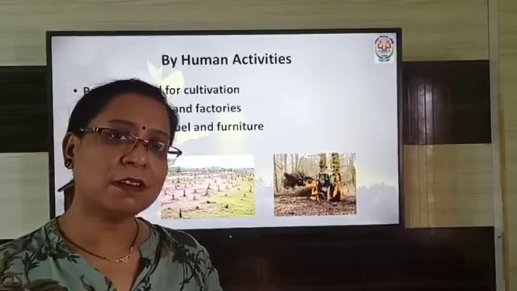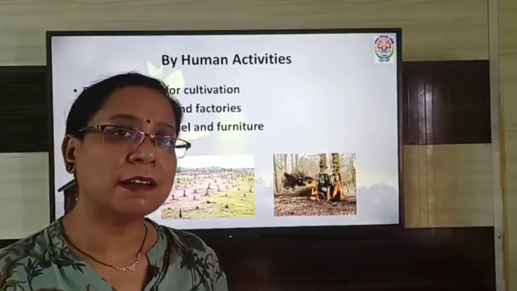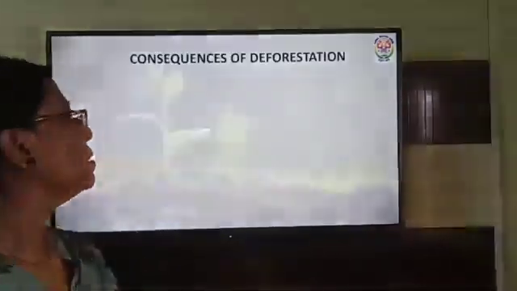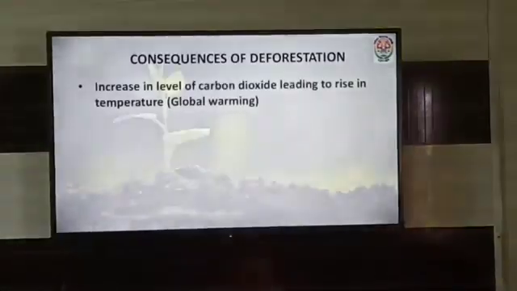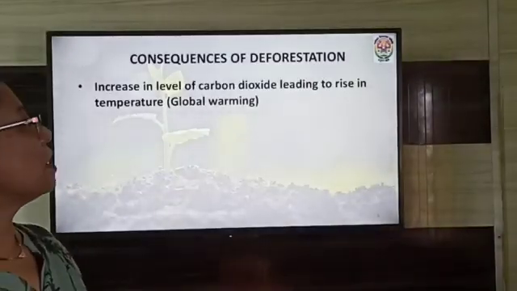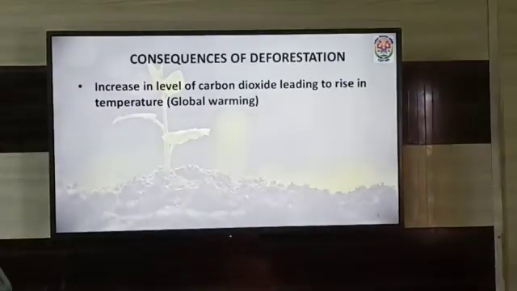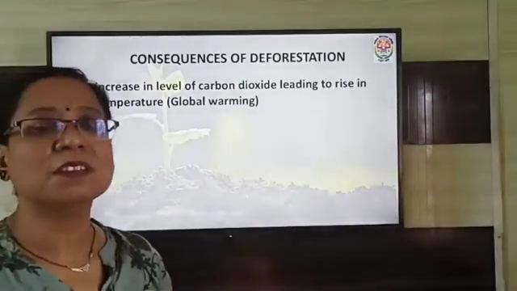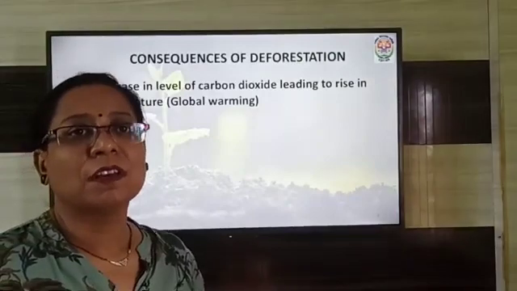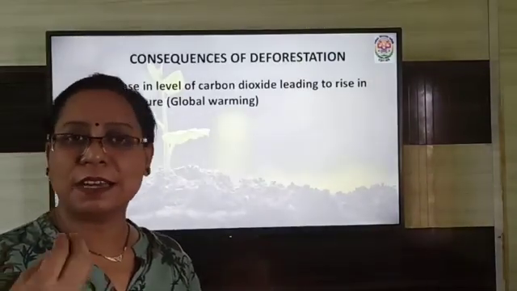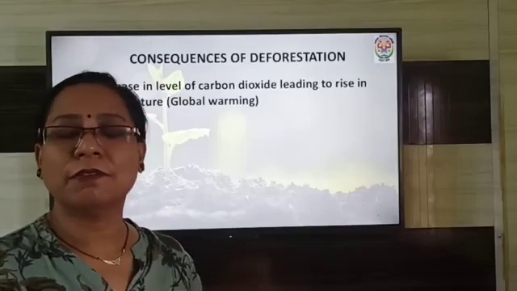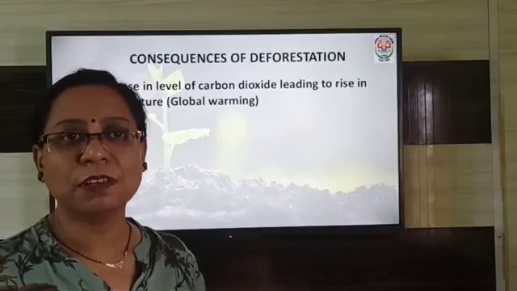Now, if forests are cut down, what would be the end result? Let us discuss the consequences of deforestation. Increase in the level of carbon dioxide leads to a rise in temperature, which is known as global warming. How does this happen? Plants take in carbon dioxide and give out oxygen during photosynthesis.